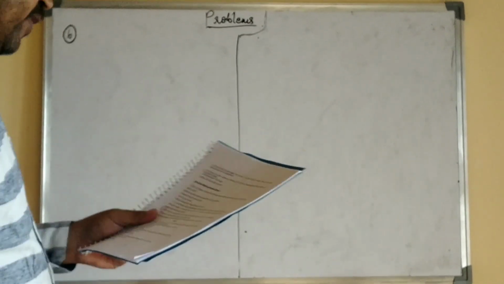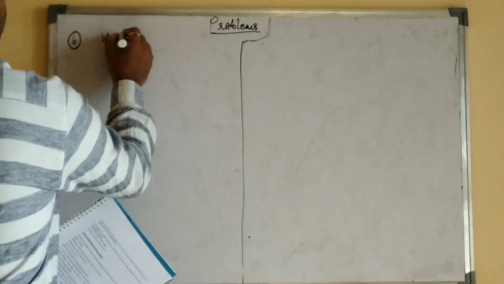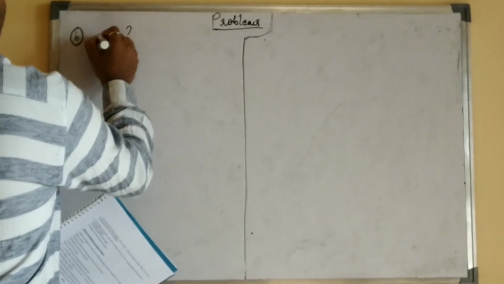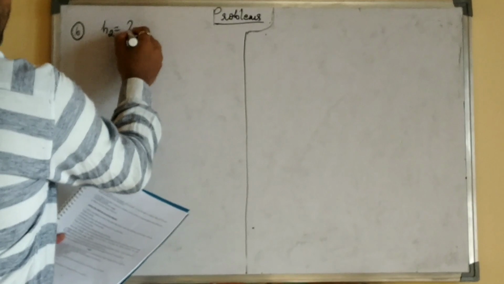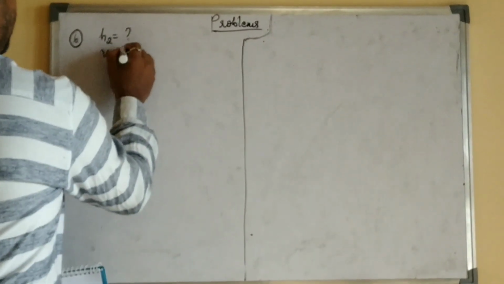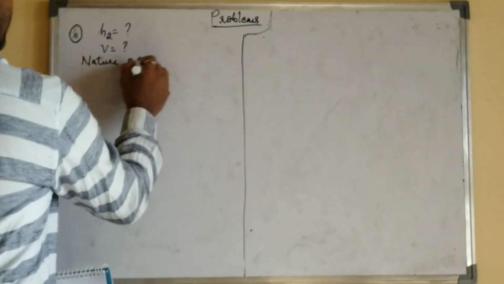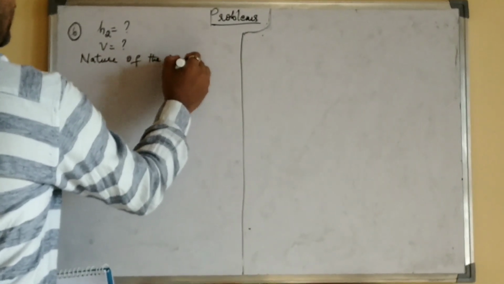Now, you have to find the size of the image formed. So, the size of the image formed means H2 you have to find out. Then, position of the image means V you have to calculate. Then you have to find out nature of the image.